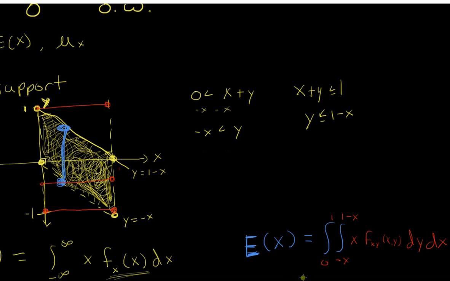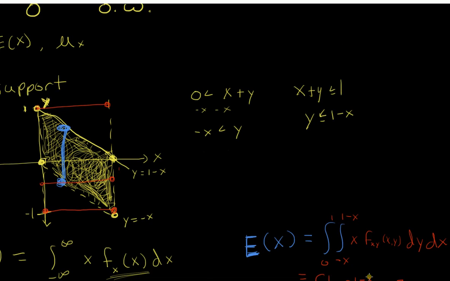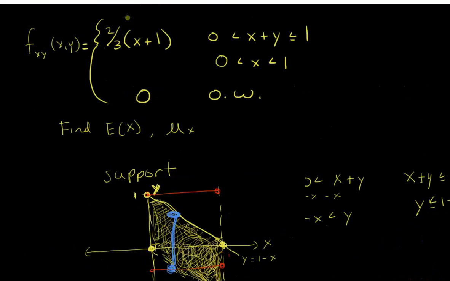If I were to do this, my next step would be to plug in for f. If I go up to the original, what is my f? f is 2/3 x plus 1.